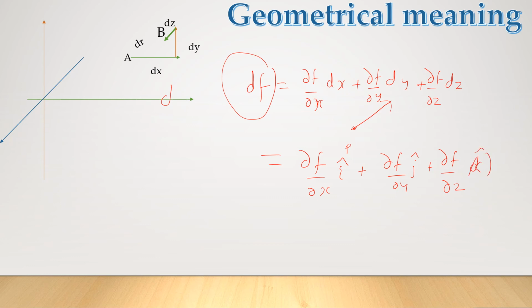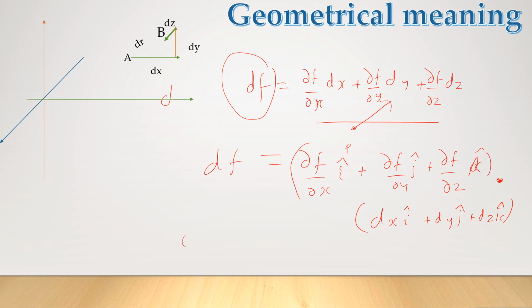This is one vector, dotted with dx i plus dy j plus dz k. I will give you 3 seconds. You can verify it; it is the dot product of two vectors. Verify. After taking the dot product, if you get this, then this is equal to df. Therefore, df is like this.